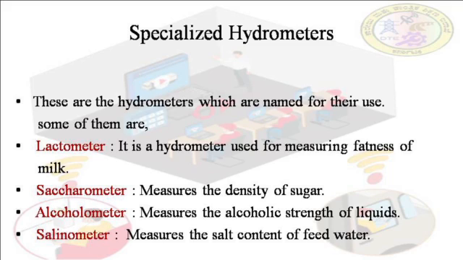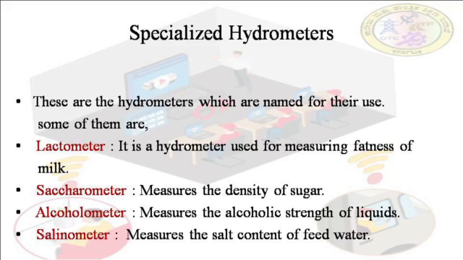We can see the lactometers in the milk dairies, where it is used to check the fatness of the milk. Lactometer is also a hydrometer, but as it measures the fatness of the milk, the name is given as a lactometer.